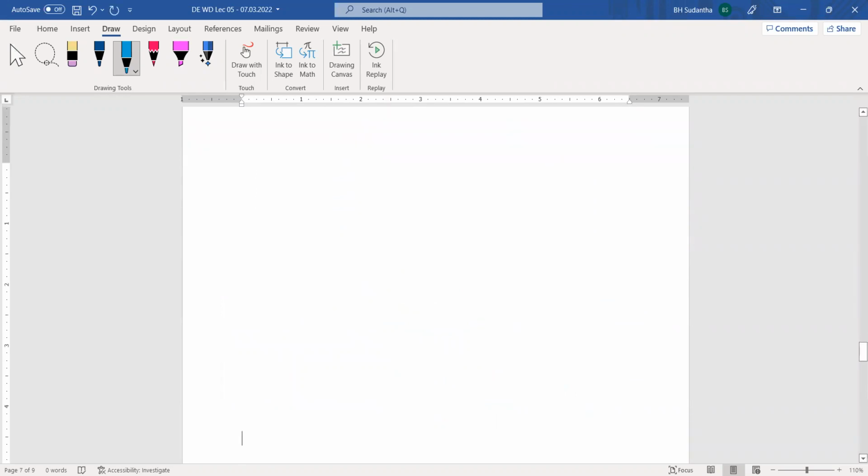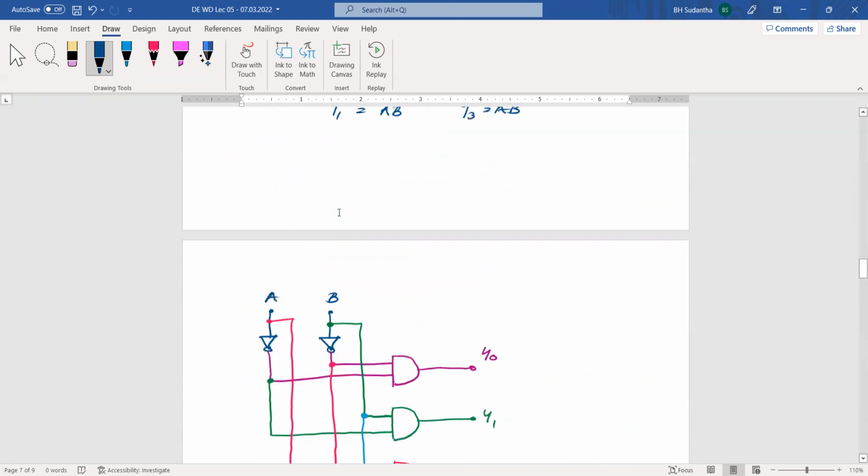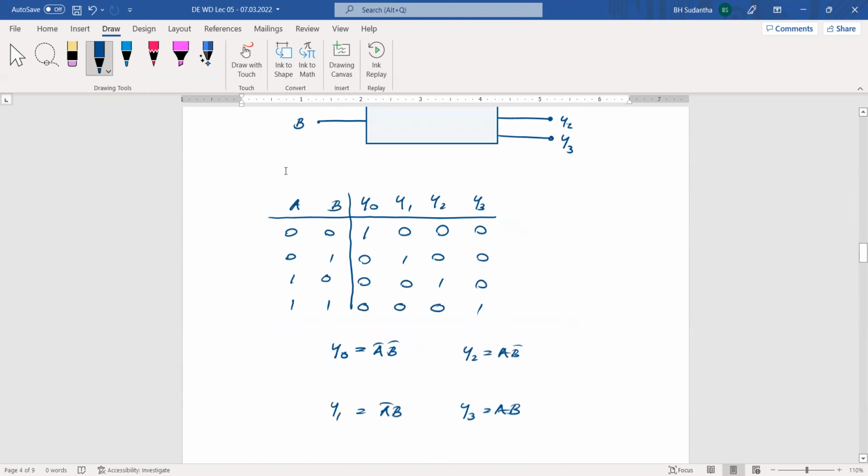What is a non-standard decoder? What does it mean? Any circuit having a different truth table than this. For example, you can see this truth table.